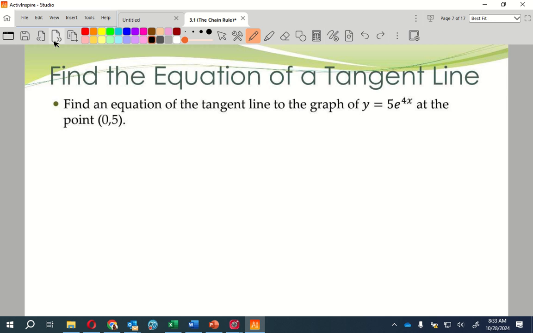Okay, equation of a tangent line. Whenever I hear the tangent line, I know I need to have what? I need to have the slope, right? And to get the slope, I have to get the derivative, right? The derivative, that's gonna help me out there. All right, so let's state my problem.